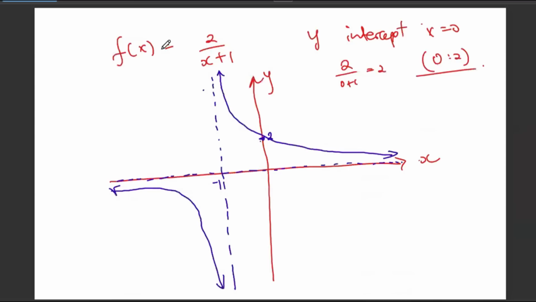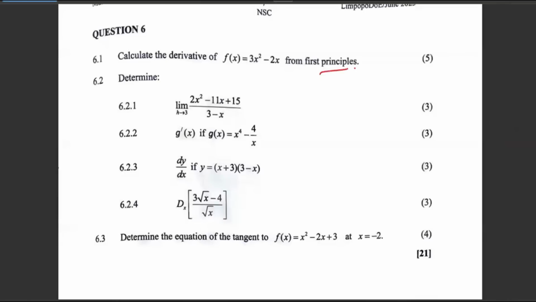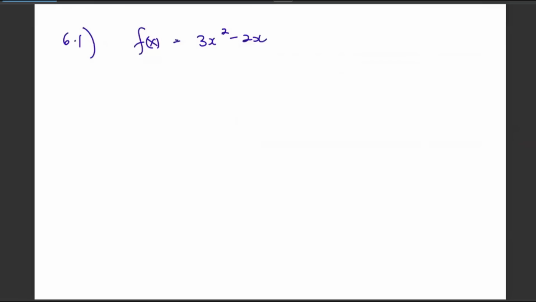Let's get this side. This is 6.1. So our f of x is 3x squared minus 2x. With first principles, we need f of x, but we also need f of x plus h, meaning it will be 3 into x plus h squared minus 2 into x plus h.